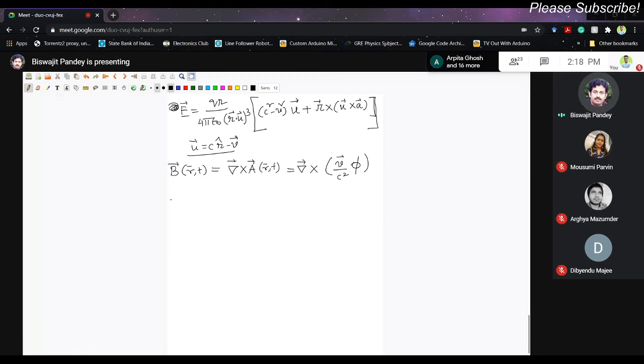So 1 by C square can be kept outside, that's a constant, and I can write scalar potential phi into curl of V, minus V cross grad phi. Grad phi is already known, so we don't have to work hard for this because it was already calculated while calculating the electric field. So we shall have the value at our disposal.